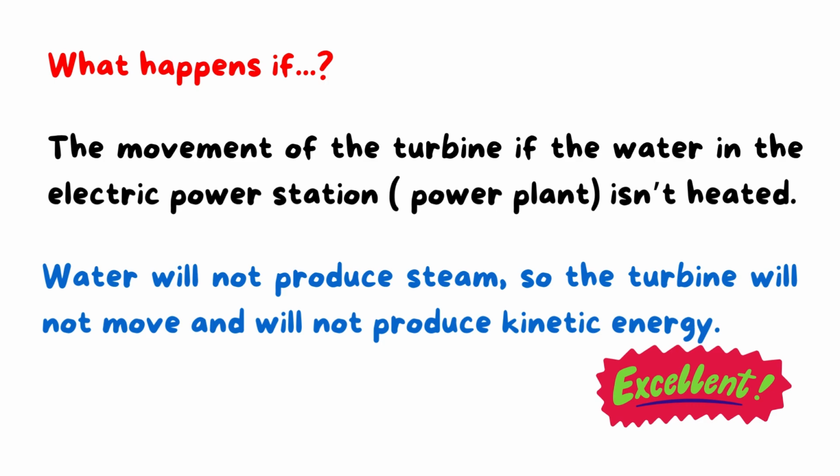What happens to the movement of the turbine if the water in the electric power station or the power plant isn't heated? So what will happen? Yes, water will not produce steam because it isn't heated.